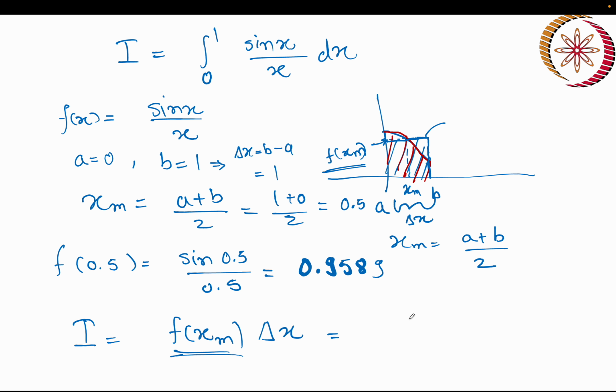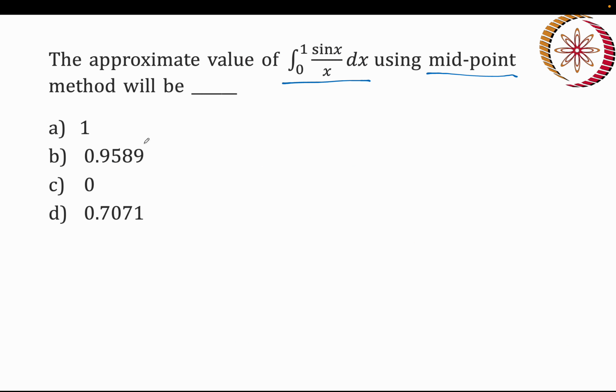So we already found the value of the function at the mean location, and delta x is 1, so the answer is 0.9589. Okay, so this option matches, and that is the correct answer. Okay, so we'll go to the next question.